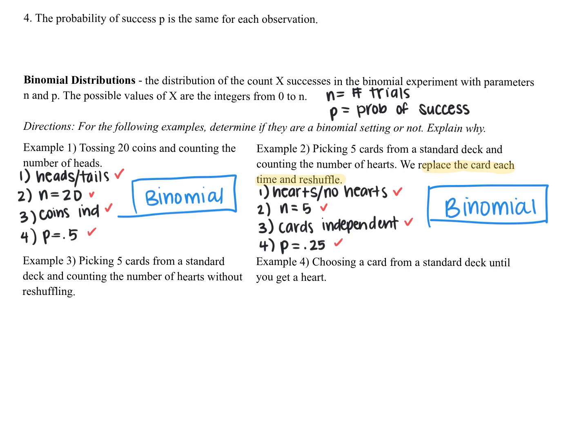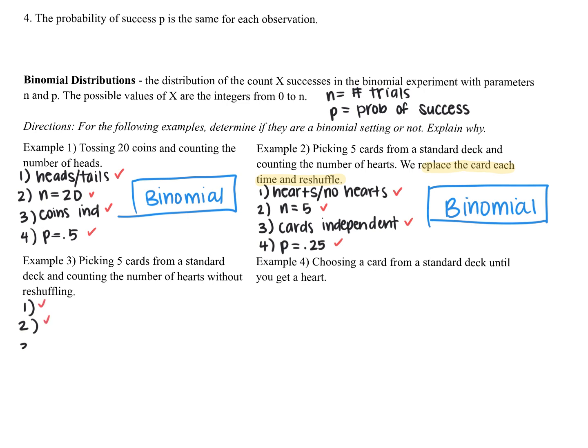All right. So in our third example here, we're still picking 5 cards from a standard deck and counting the number of hearts, but now we're not reshuffling the deck each time. In this case, our first 2 conditions are still met because they're the exact same as our previous example.